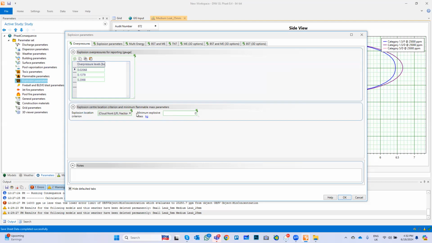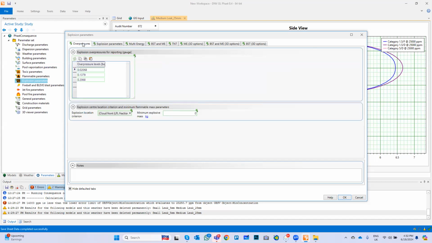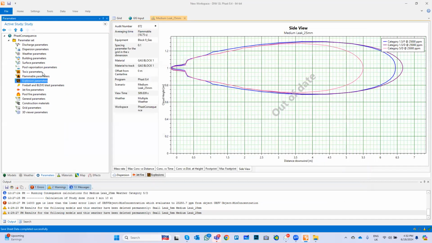Based on your plot plan and layout, you can determine the distance for that explosion, and from the explosion parameter. So most of the things now are determined parameters to reflect the company's guideline and technical standard, in addition to the weather.